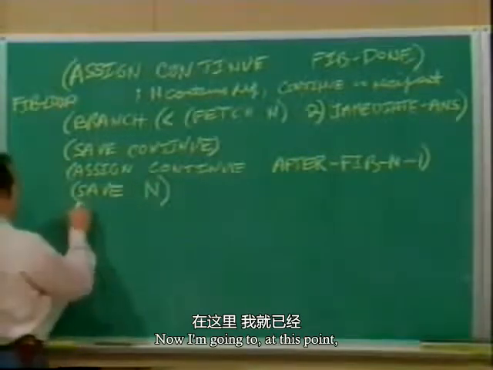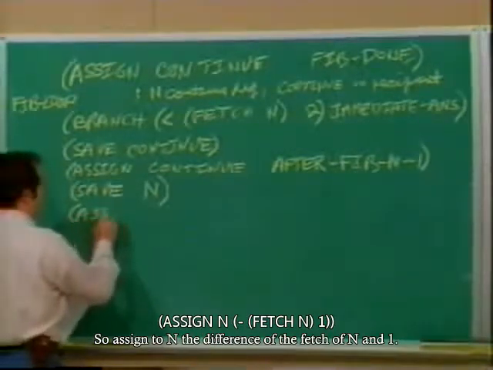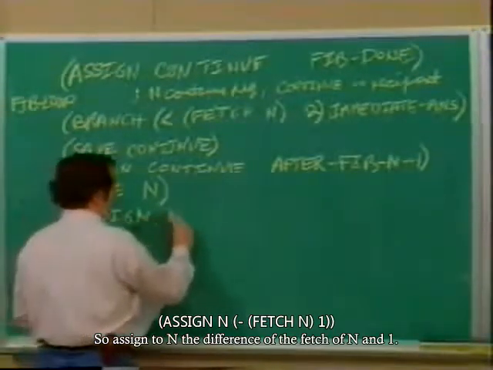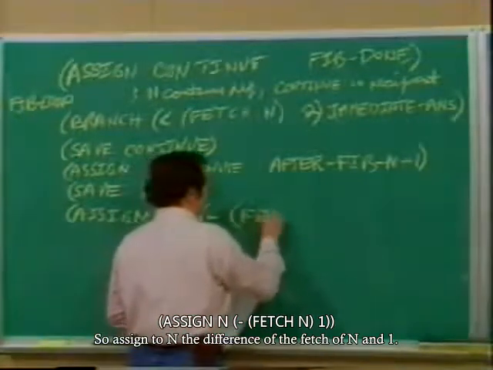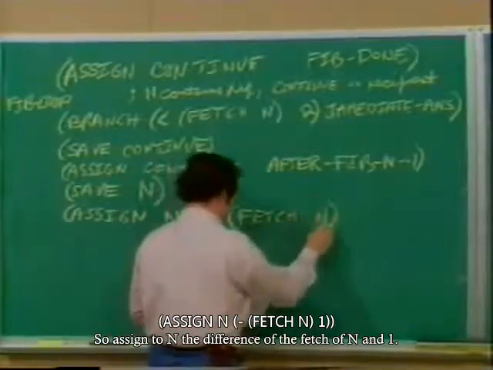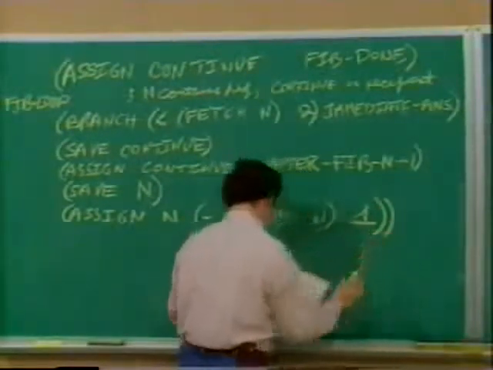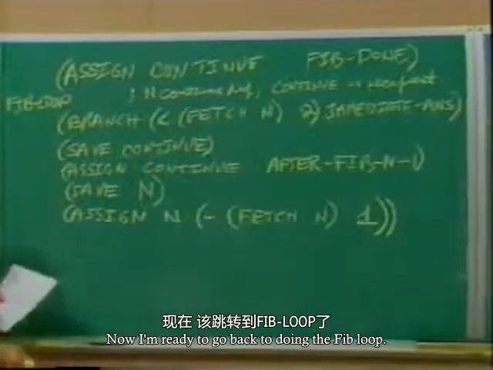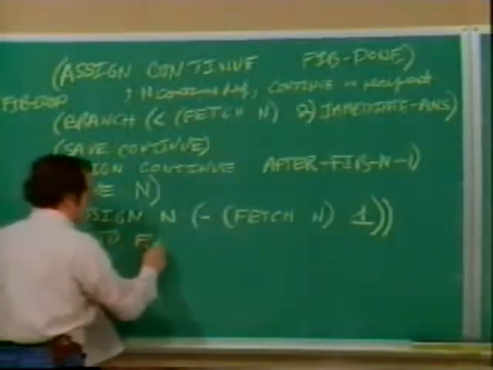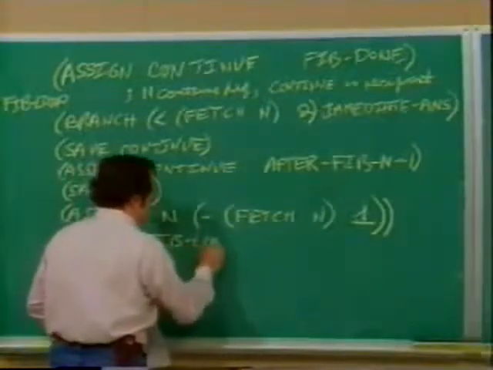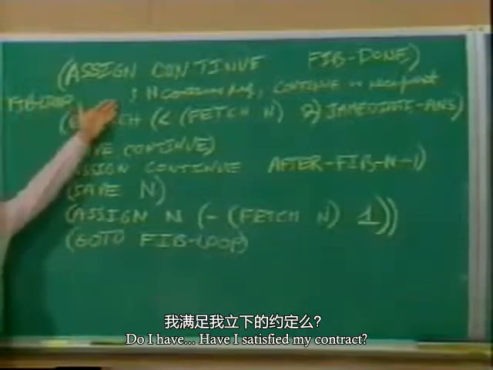Now I'm going to, at this point, get ready to do the Fibonacci of n minus 1. So assign to n the difference of the fetch of n and 1. Now I'm ready to go back to doing the fib loop. Have I satisfied my contract?